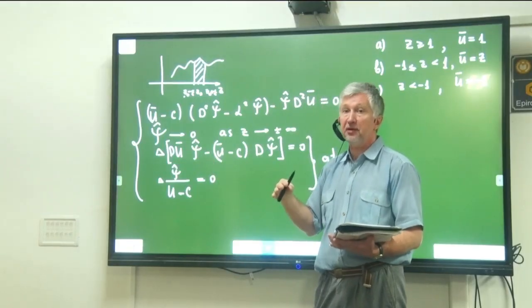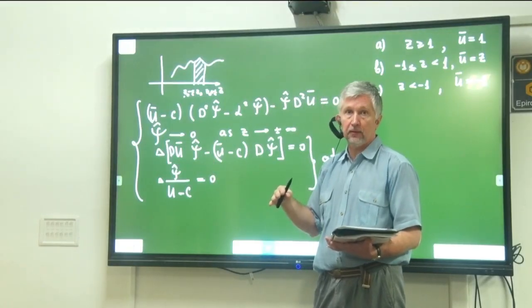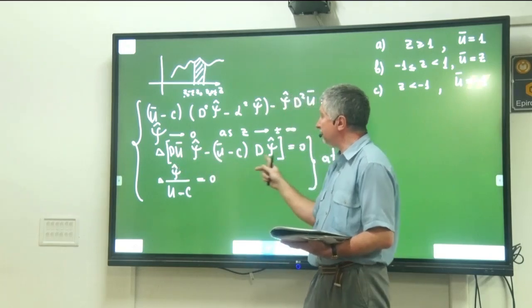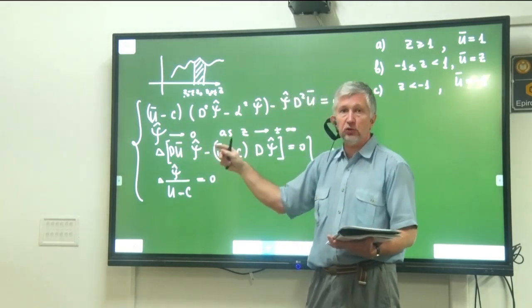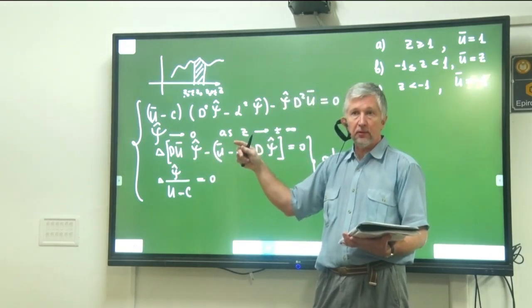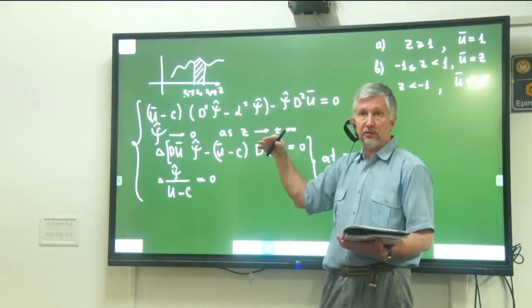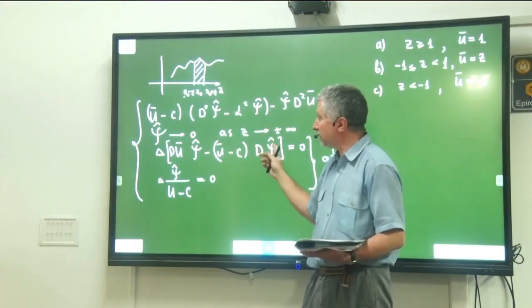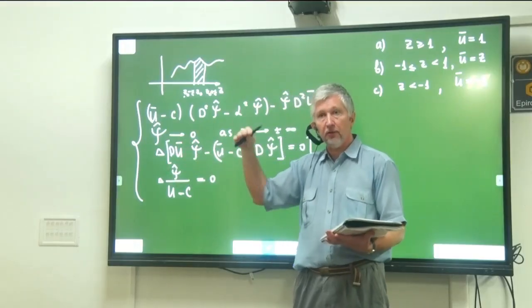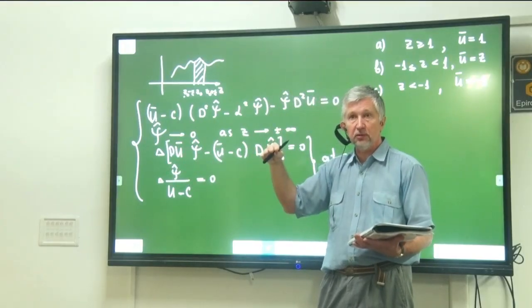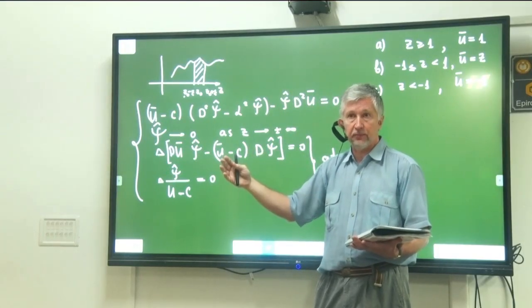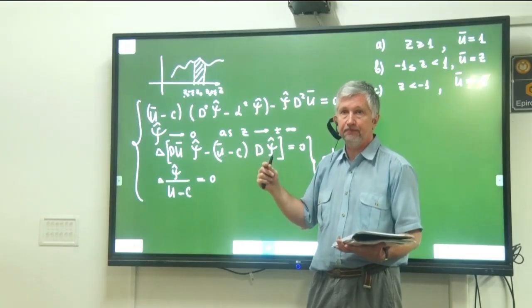So substitute what we have into this equation, substitute z equals 1, and then do the same thing for the second region. Evaluate the same thing using the solution from the second region at 1, and see what happens.